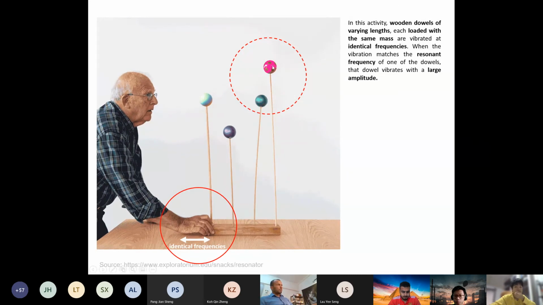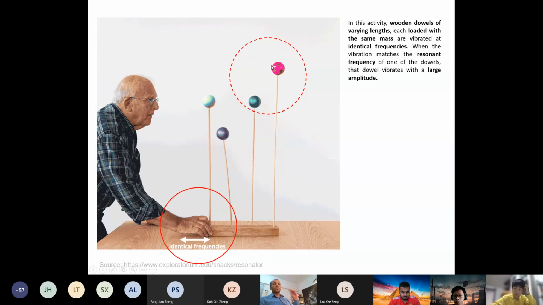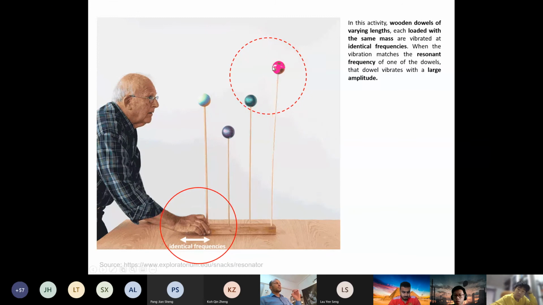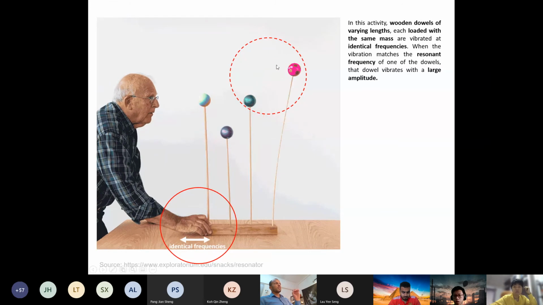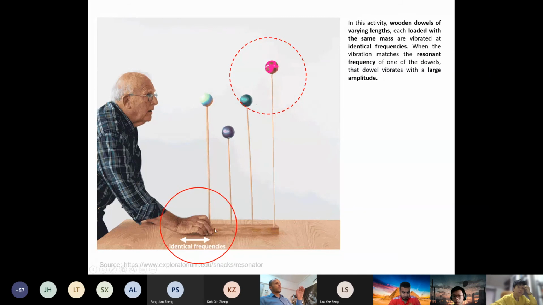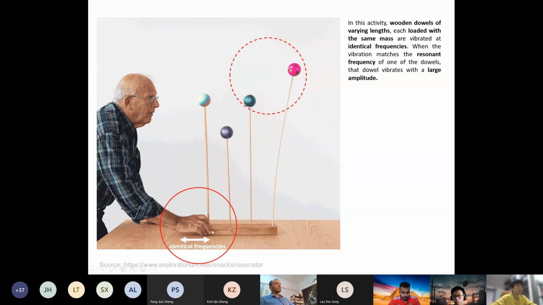So for example, as you can see, this one starts vibrating too much. That time it means the natural resonance of this one, which is the red one, is resonating with this frequency here.